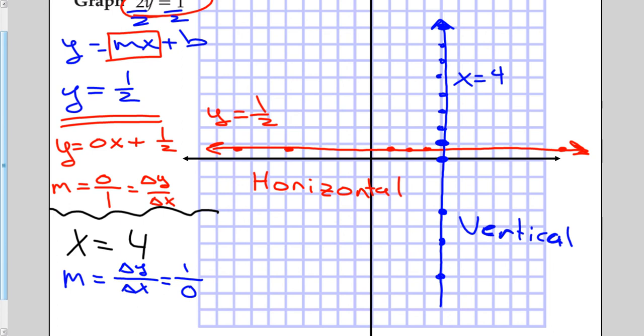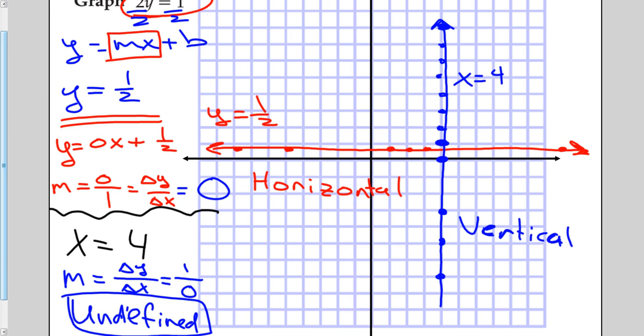But I can't have 0 in the denominator of a fraction. It's part of our basic math. So what we get is what we call undefined. And so we have a graph with an undefined slope, because it's a vertical line. And that's in blue, and then we have a graph with 0 slope, and that's a horizontal line. That is defined.